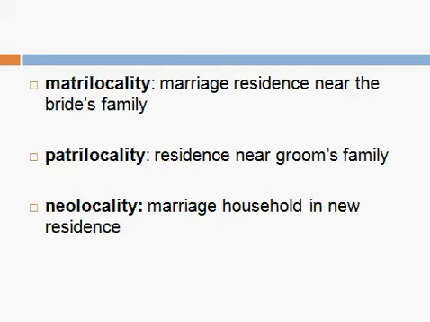And then we have neolocality, which is a marriage household in a new residence. And this is actually interesting to think about. So it's obviously quite common in the Western world, but it's really an adaptation to a particular set of economic circumstances. So it occurs more in places where it's better for people to move in order to get jobs.